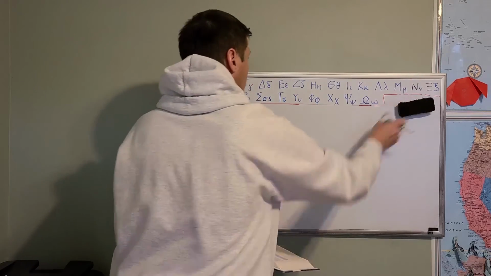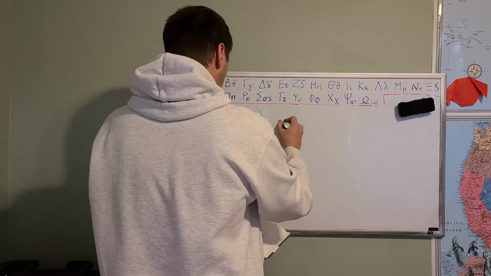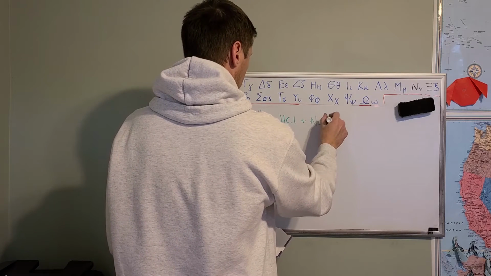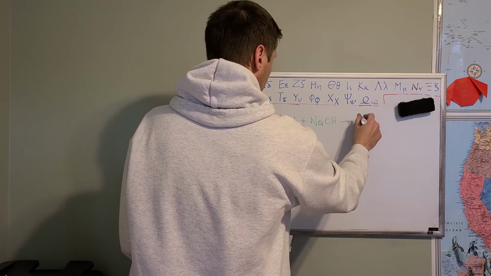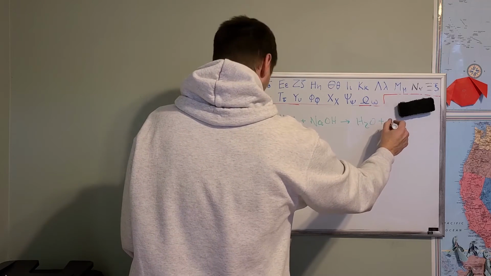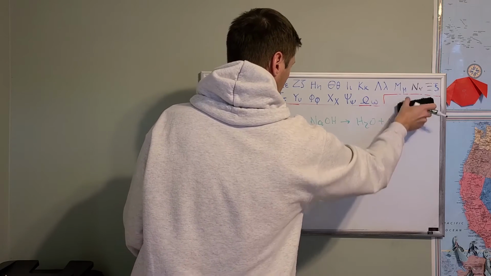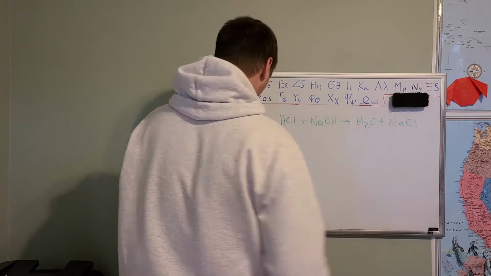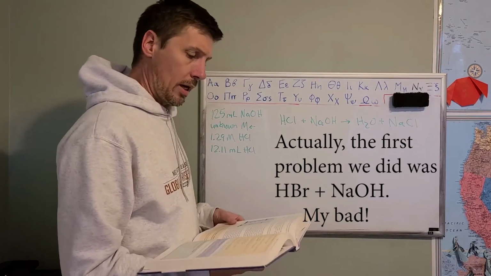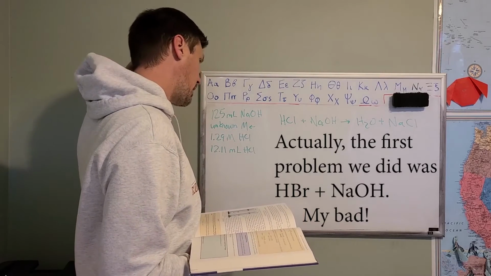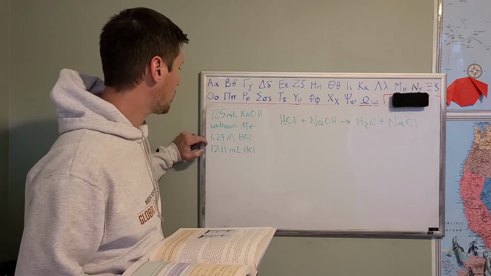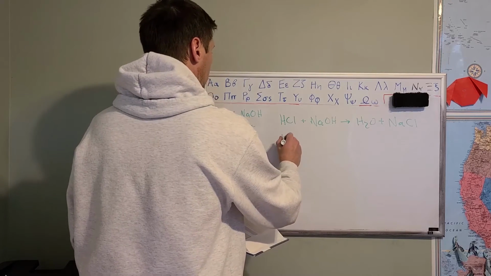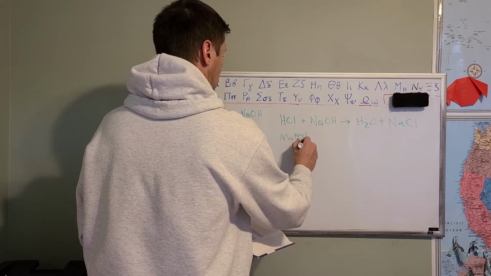So just like before in our last example, we're going to write down the reaction and make sure it's balanced. HCl plus NaOH is going to yield water plus a salt. We're not going to go through these steps because this is exactly the problem we did in the last video, the first problem that we did. So it's already balanced. And so what are we going to try to find out first? Well, first we need to determine the number of moles. Molarity, again, equals moles per liter.